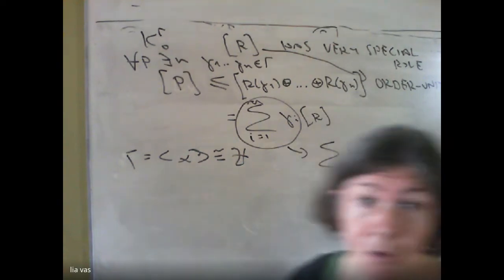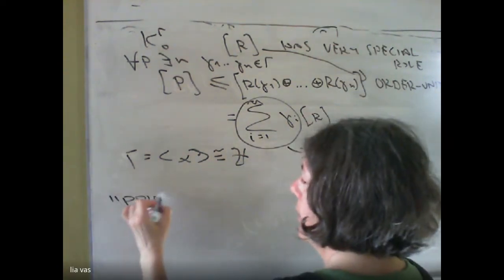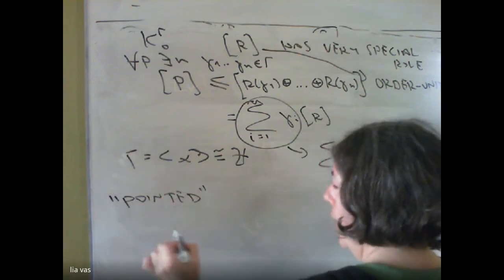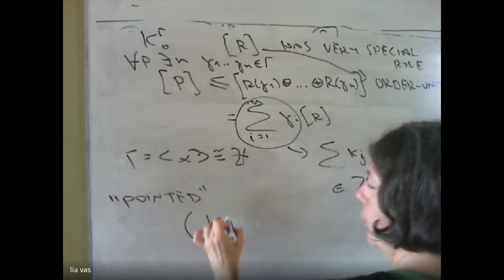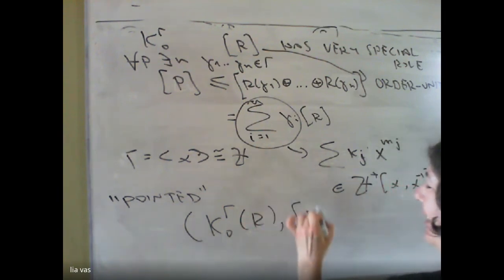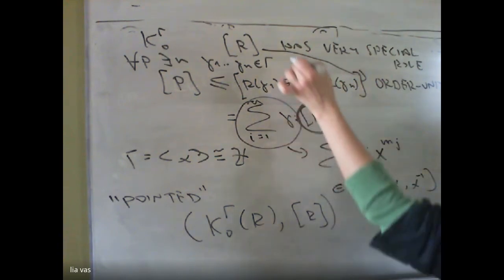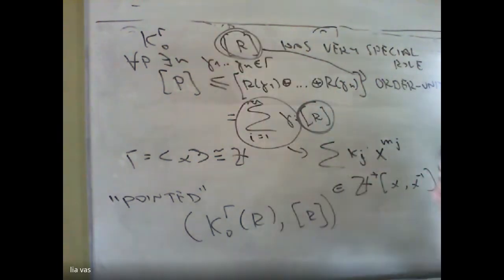So that's what order unit is. And what does it mean pointed in the graded case? Same thing, except that you are going to put that gamma there. So the order unit itself is still the same thing, same special element here.